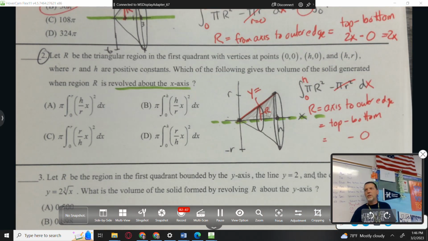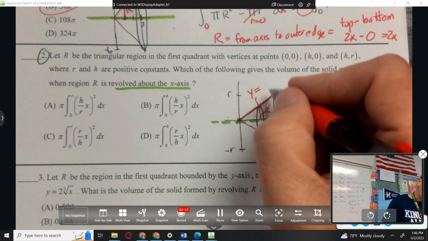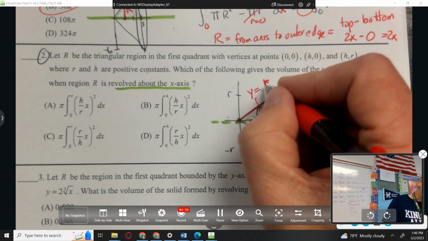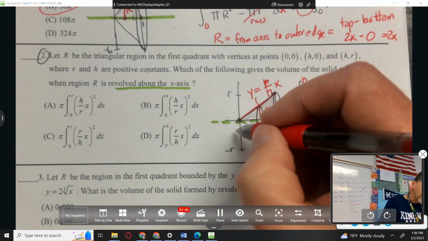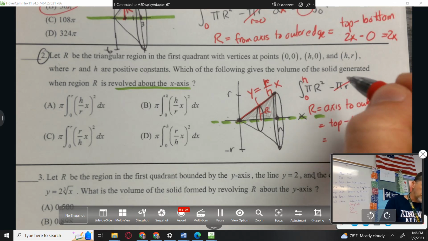So this one's a little bit crazy because I don't have an equation for that. Well, finding that slope would be just rise over run. So it'd be rise over run. Oops. R over H times x. So that's the equation of that line because it doesn't have a y-intercept, or the y-intercept is 0.